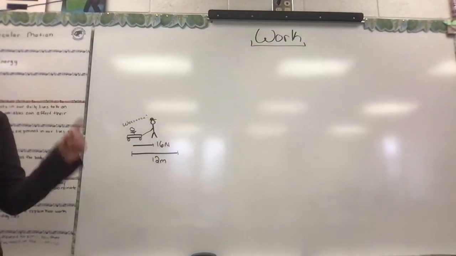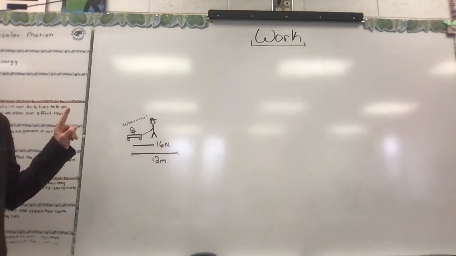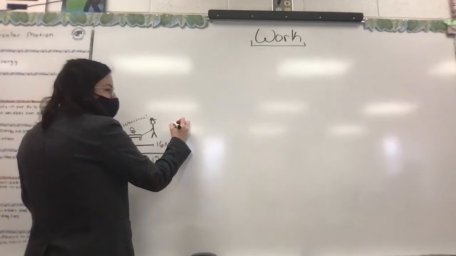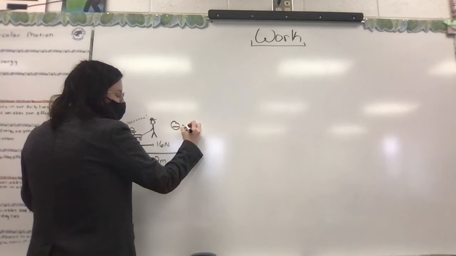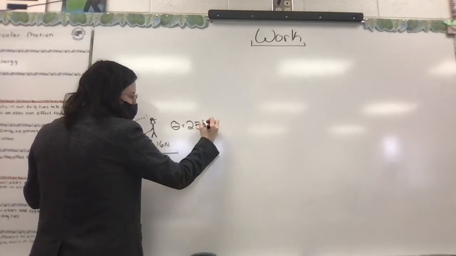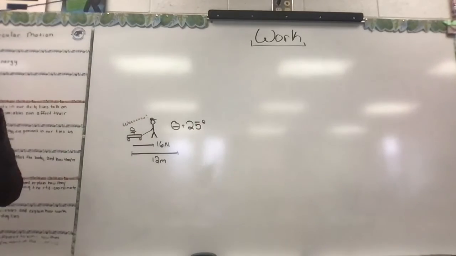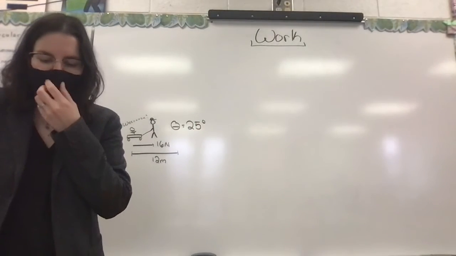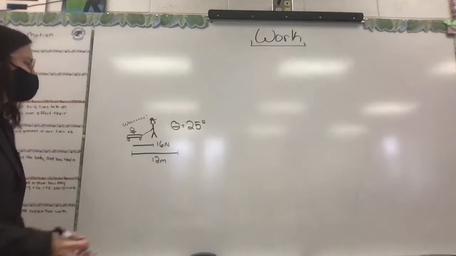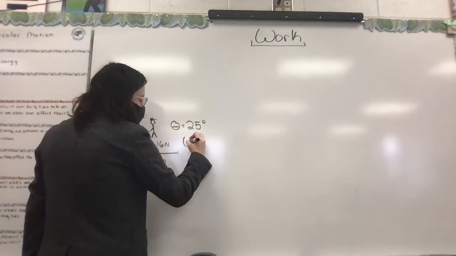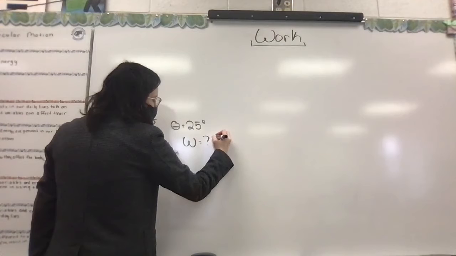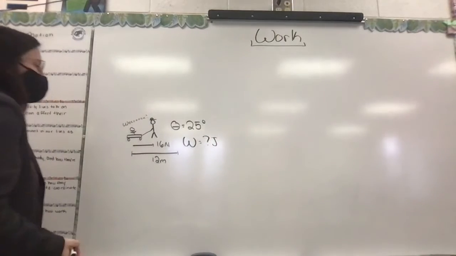Now, the handle of the wagon is inclined at an angle theta of 25 degrees. All right? We want to know how much work the parent is doing pulling this child.